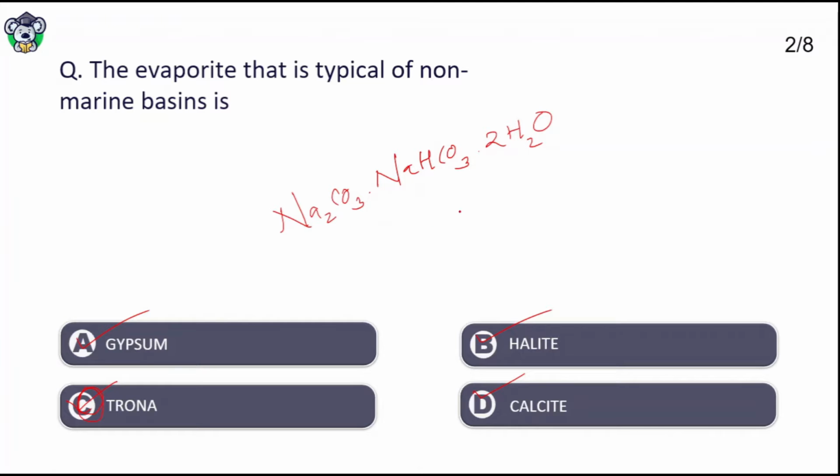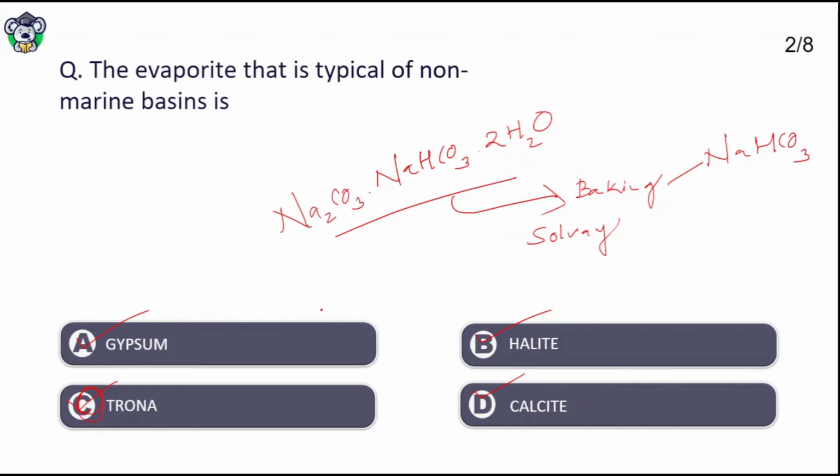And generally from trona we derive baking soda by the method of Solvay process. Okay, what is baking soda formula? That is NaHCO3, sodium bicarbonate. You know gypsum formula, CaSO4 dot 2H2O. This is also hydrated form.